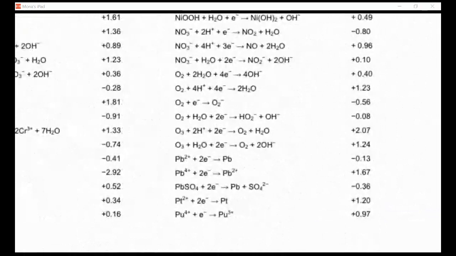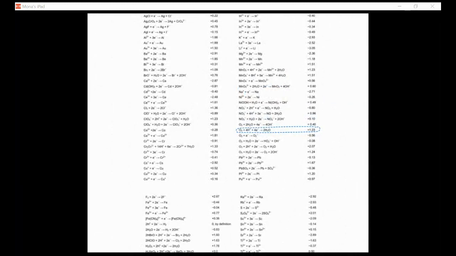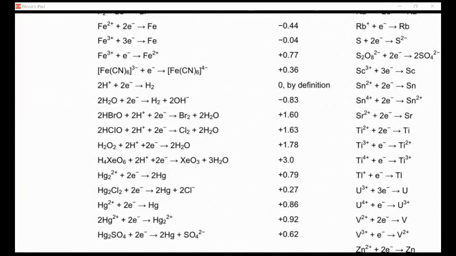So this is the reduction half reaction that I want, O2, H+, electrons. Of course, the other one is the hydrogen electrode, which we have seen many times previously.